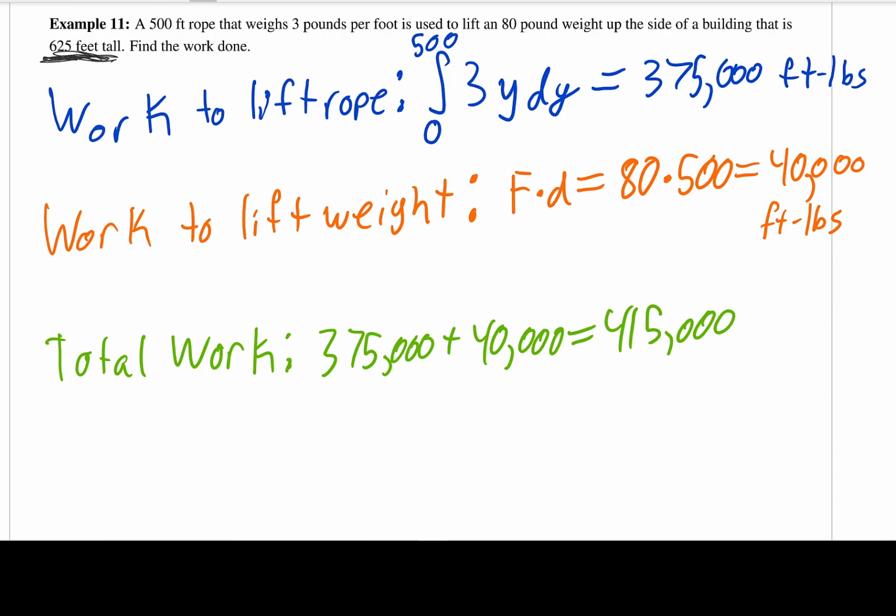Similarly, another way I could have done this to maybe make it a little bit faster is we could have done the integral from 0 to 500 of 3y plus 80 dy. This would have given us the same answer as breaking it into the two parts that we did.